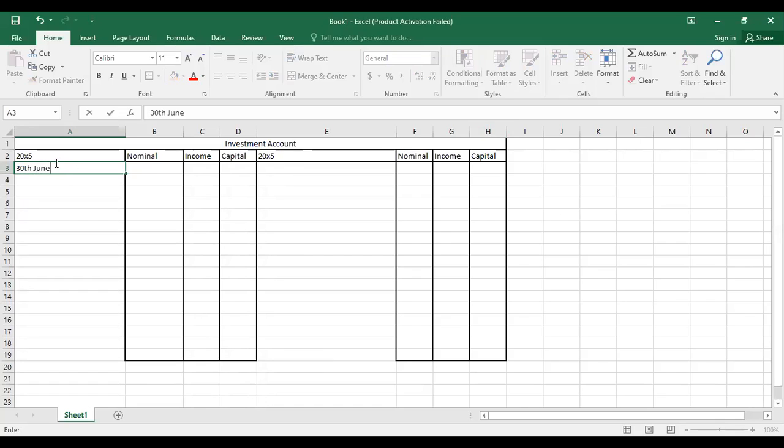On 30th June, what we have is the amount in the estate capital account. You say that this account will be credited, and then we are going to debit the investment account. So we are going to have the estate capital account. And the nominal, we know that is 2 million, right? Need not write all these zeros.